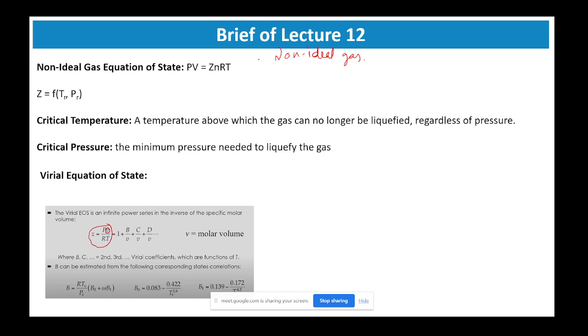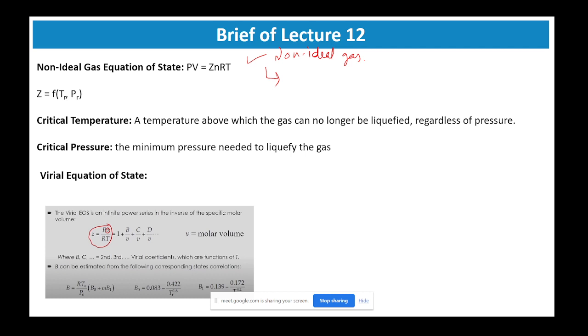So all the gases that are present in the atmosphere, they are non-ideal. But at very low pressure, since the molecules are very far away, any gas, you can consider it as ideal gas at very low pressure.